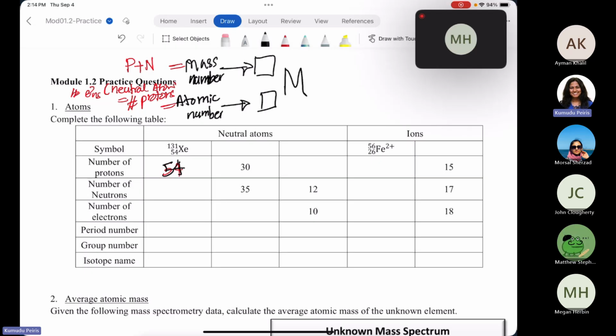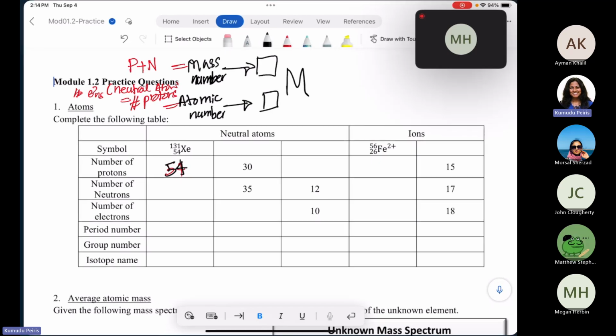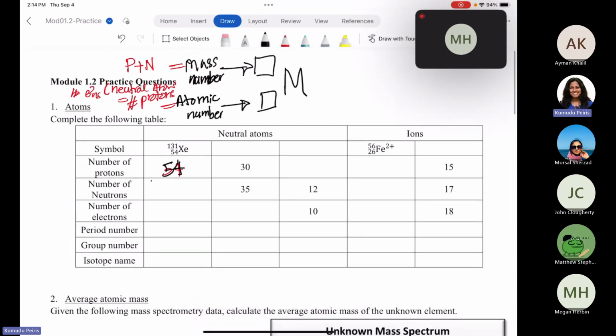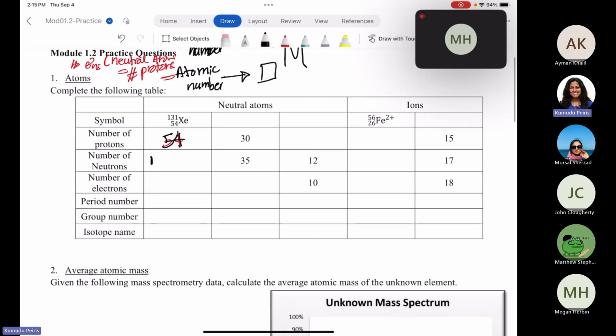How can we get the number of neutrons? The mass number equals the total protons plus neutrons. So 131 minus 54 equals 77.